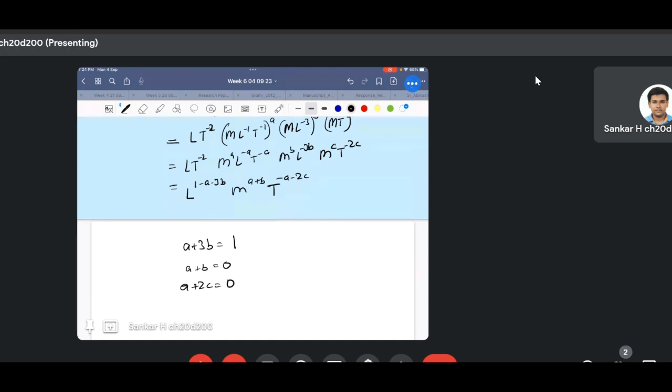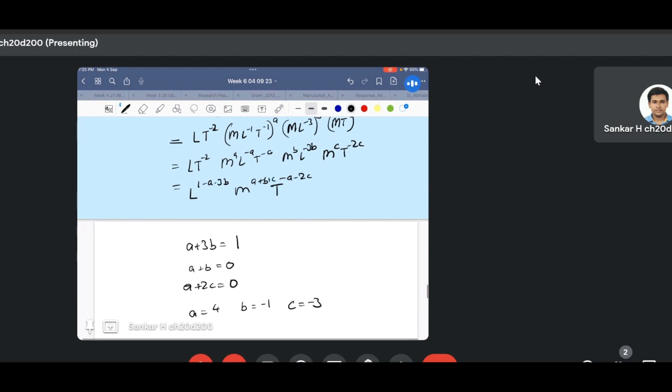Therefore, we will get A as 4, B as minus 1, and C as minus 3. Oh, there is a plus C as well here.